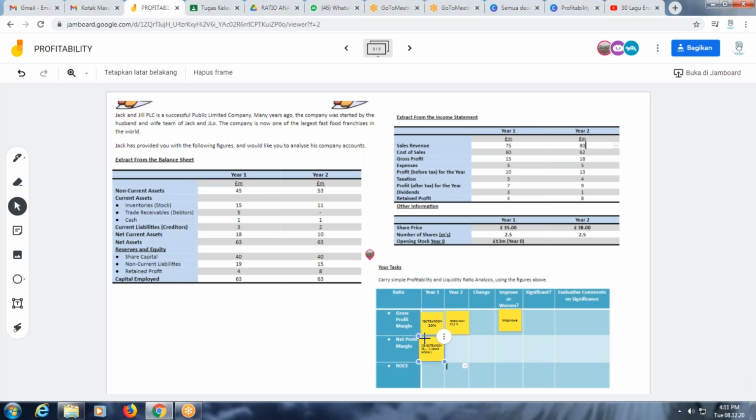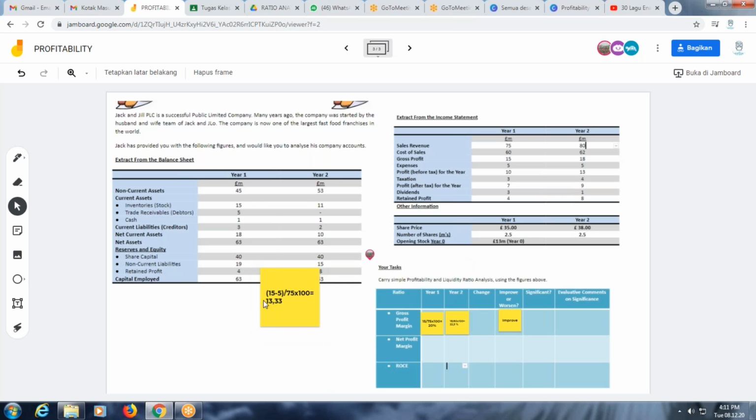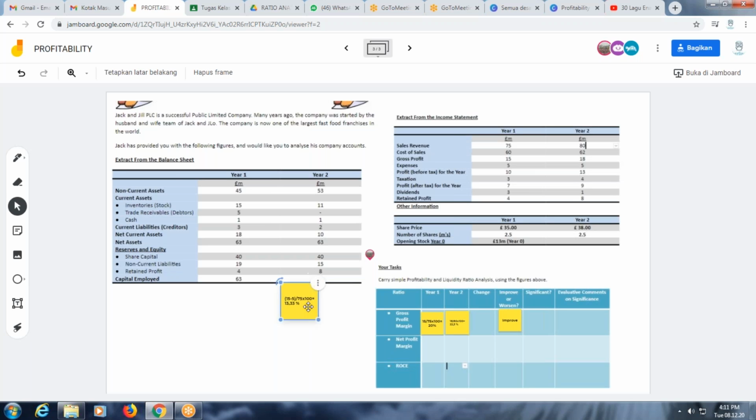Let me make it clear. Okay, so I can edit it like this one. Don't forget about the percent. The same way, we can count the net profit margin for year 2.